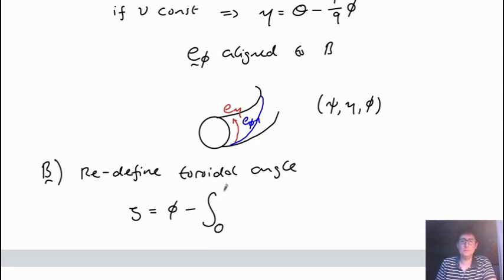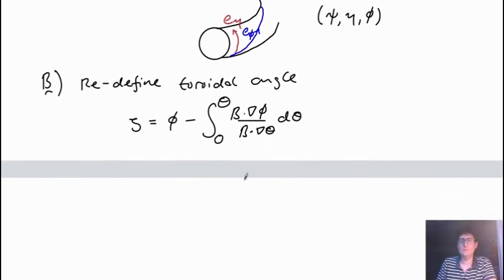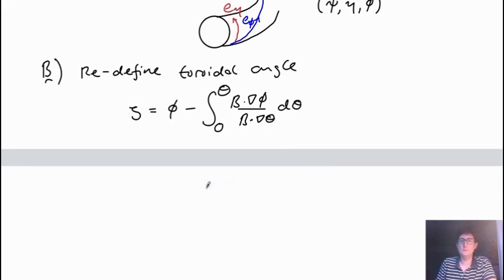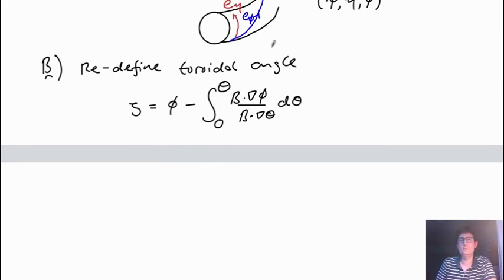So here we're going from some initial poloidal angle to a new poloidal angle, and it's the change in toroidal angle, so it's b dot grad phi over b dot grad theta. Now we're integrating along theta. And now this has a slightly different effect. So now we're aligning the field with the theta direction instead of aligning it with the phi direction.